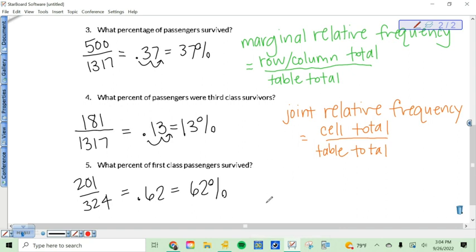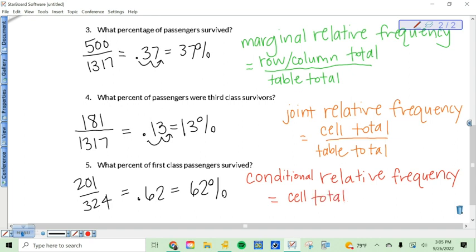Look at these vocab words. Frequency is the last word. I'd be really impressed if you came up with the first word. Conditional relative frequency. So that's looking at a cell total, right? That 201 was just in one cell, just the first class passenger survivors. So cell total compared to a row or column total.